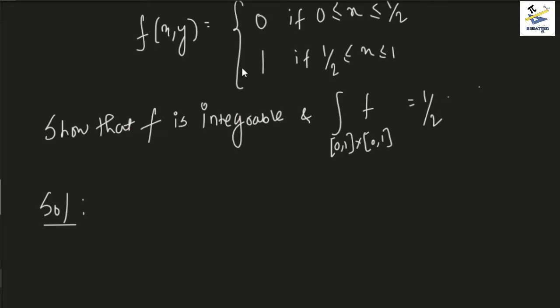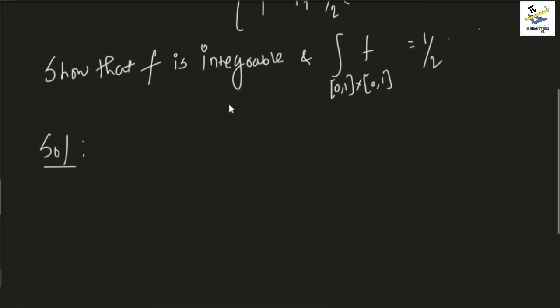The function is a piecewise function which is 0 if x is from 0 to half, and it is 1 if x is from half to 1. So let us do all the necessary preliminaries first, and I shall write down the solution, then I shall explain it.